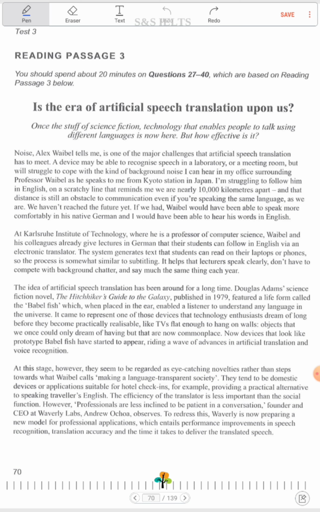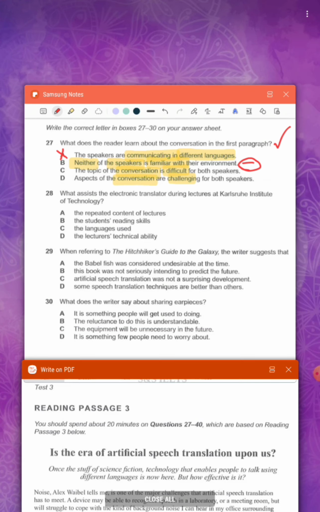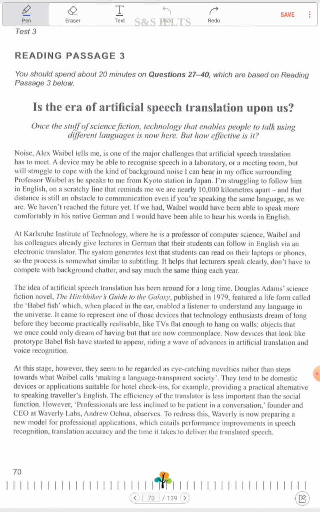So the answer is not different languages. So number B, neither of the speakers, I told you that this is unfamiliar, not familiar. Being unfamiliar with their environment was not any difficulty, which is option B, rejected.